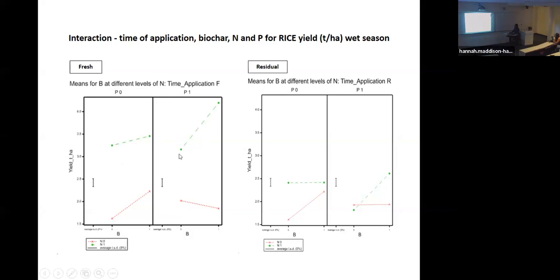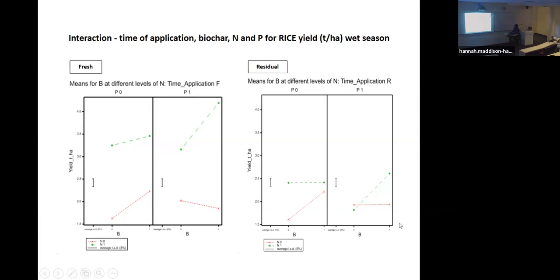By using nitrogen fortified with phosphorus, the yield is increased to 2.3 tons per hectare. The highest yield is obtained with a fresh application of biochars, nitrogen, and phosphorus, at 4.5 tons per hectare.